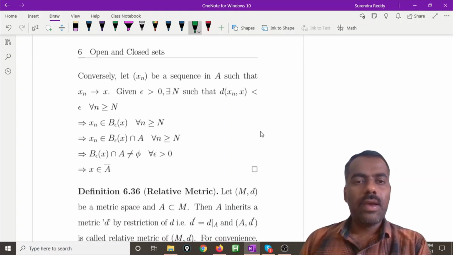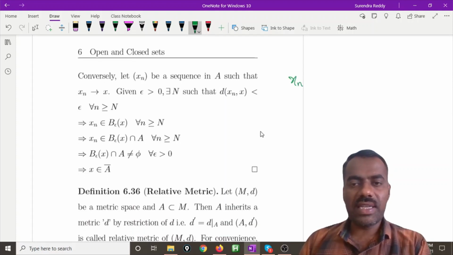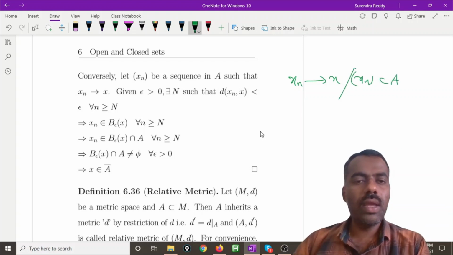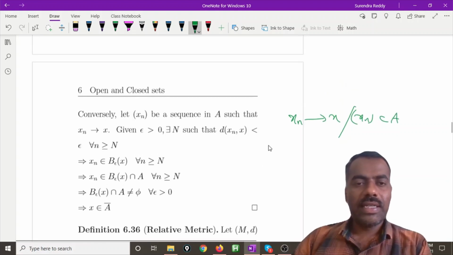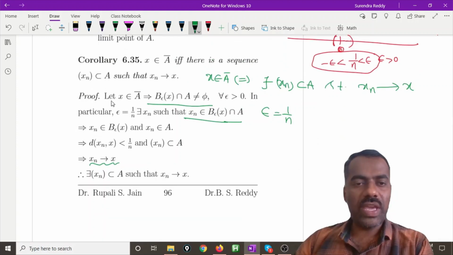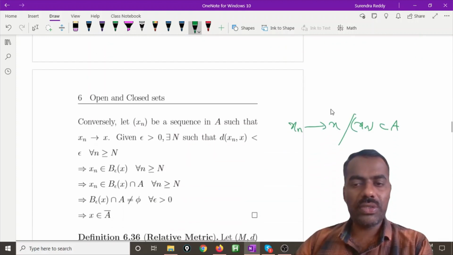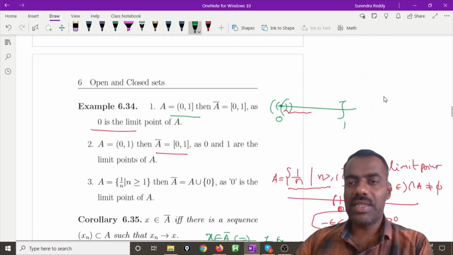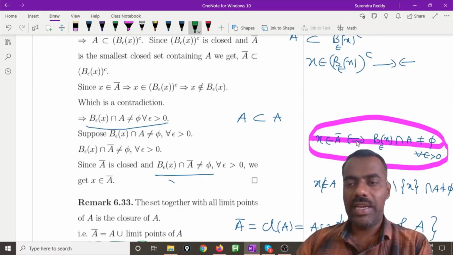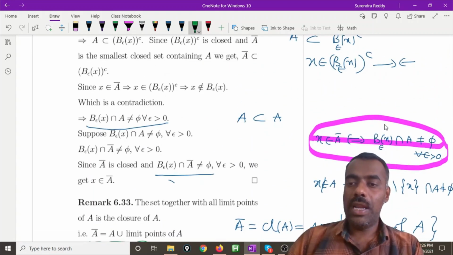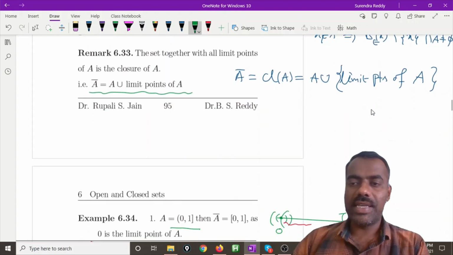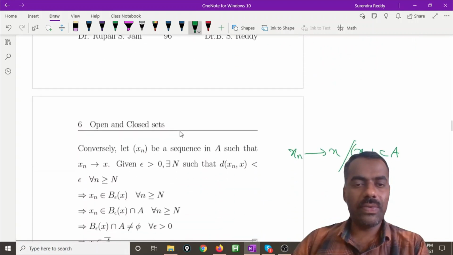Conversely, if xn is a sequence in A such that xn converges to x, then we want to show that this x belongs to A bar. How can you show that? Using the lemma we have proved, it is enough if we show that every ball around x intersects A, and that is what we can prove here.